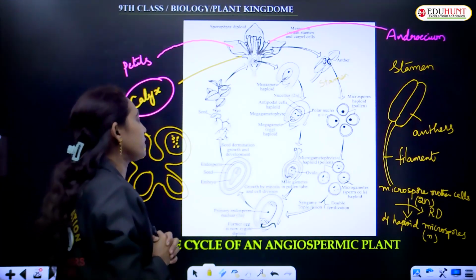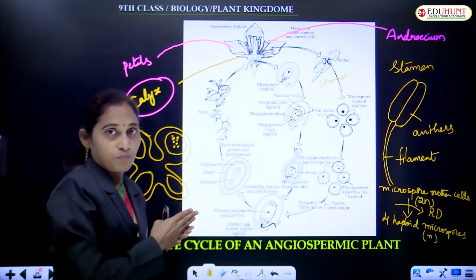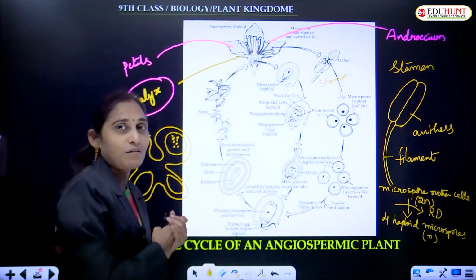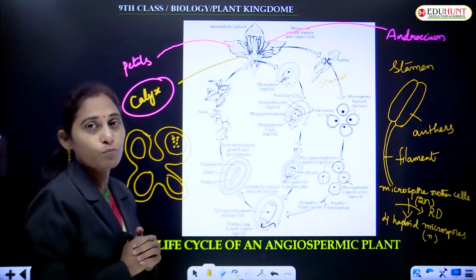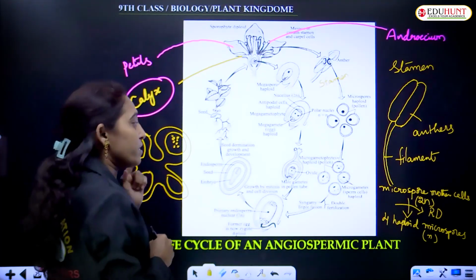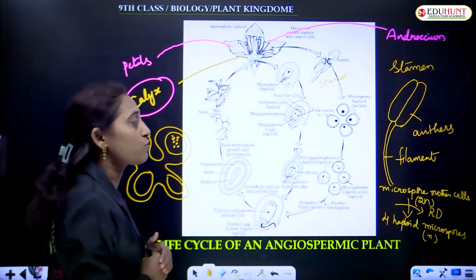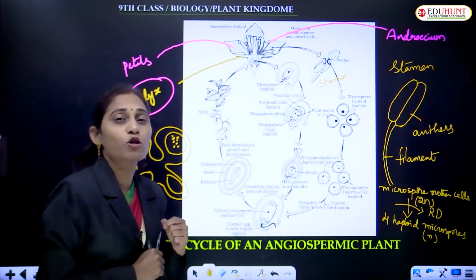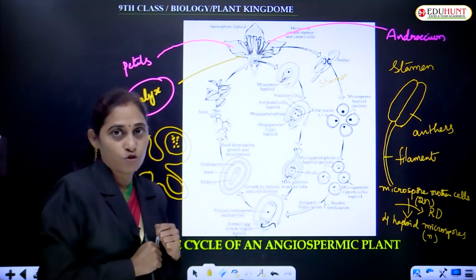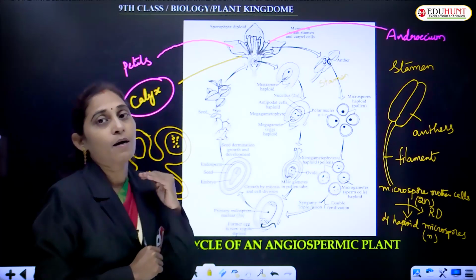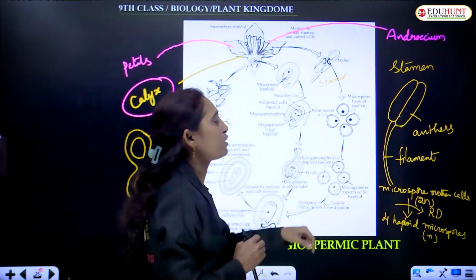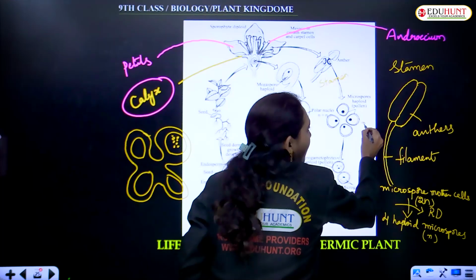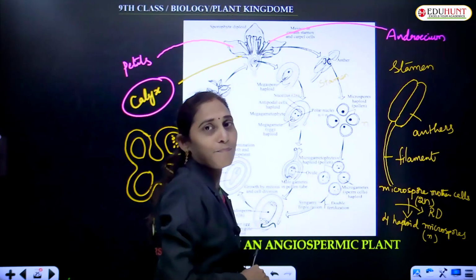This sporogenous tissue develops into microspore mother cells, and these undergo reduction division. Each microspore mother cell gives rise to 4 haploid microspores. Each one is n, that is haploid.